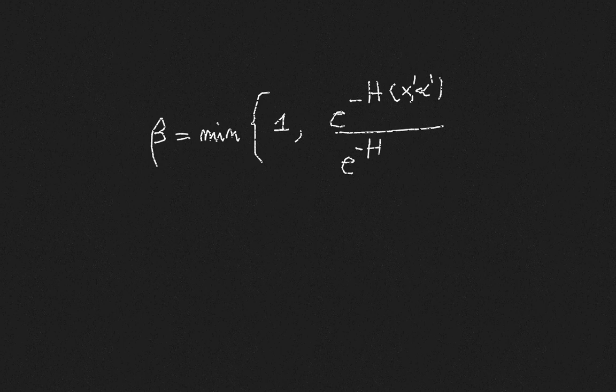And this ratio is between the exponentials of two values of H at two points, which are obtained one from the other via the Hamiltonian dynamics. So if this is simulated exactly, which is impossible because it's a simulation, but if we were able to run the Hamiltonian dynamics exactly, this would be 1 always.